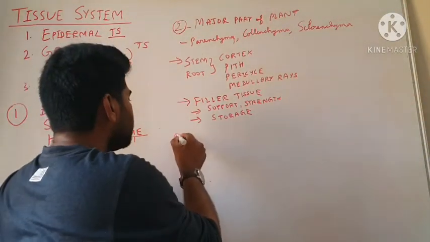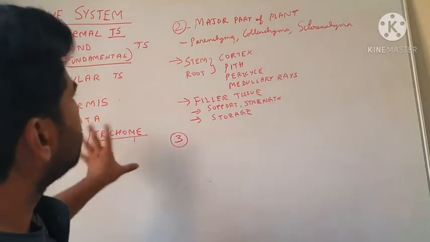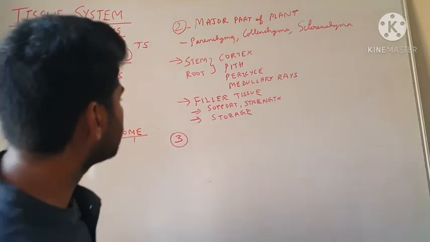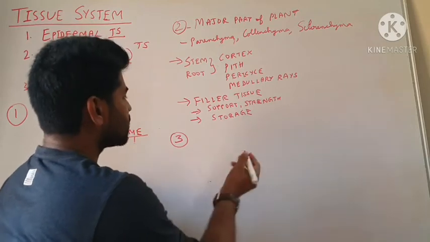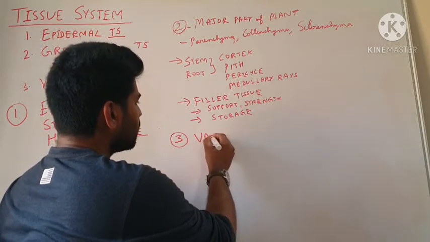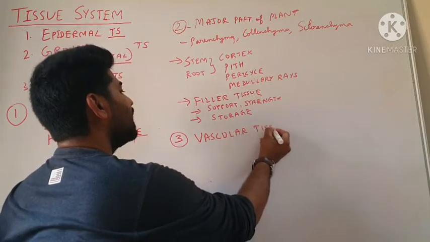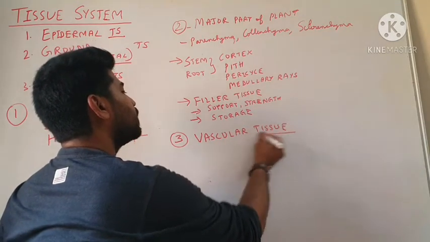And finally, we have the vascular tissue. So the vascular tissue system, as you know, is made up of the xylem and the phloem.